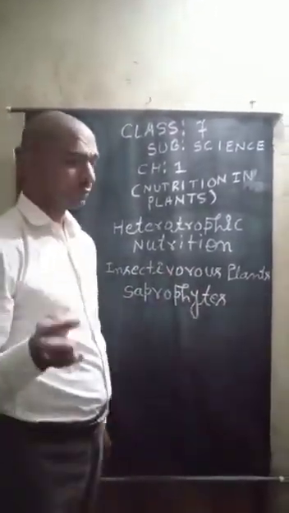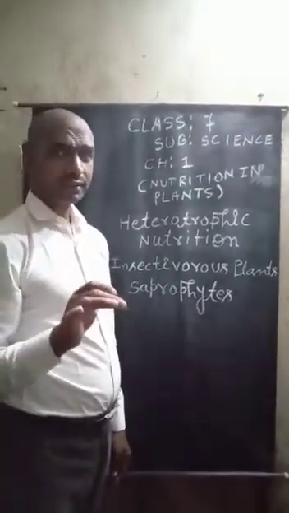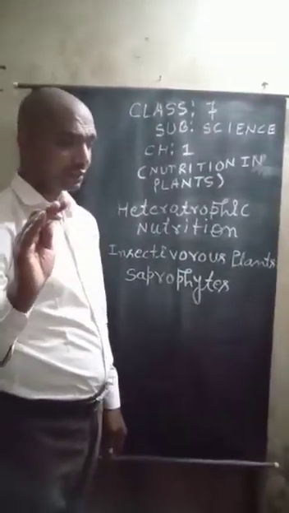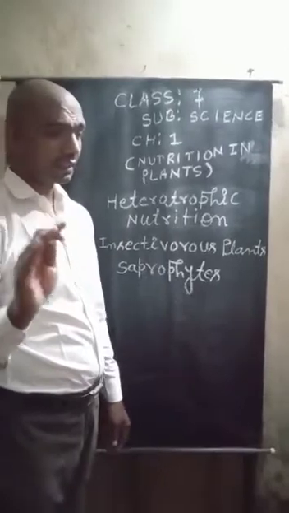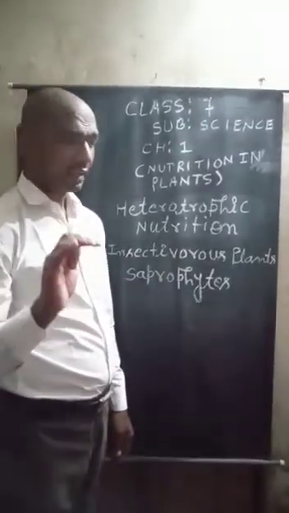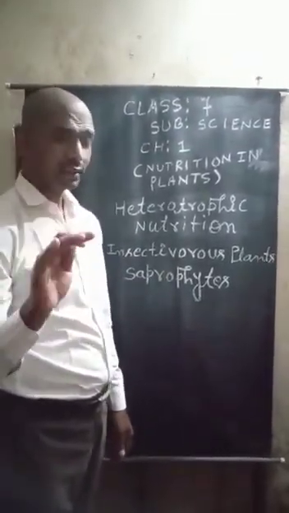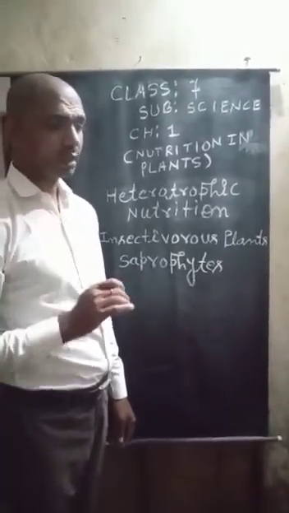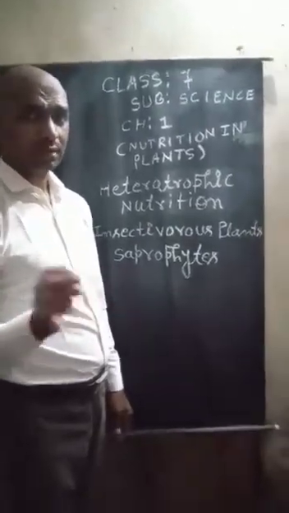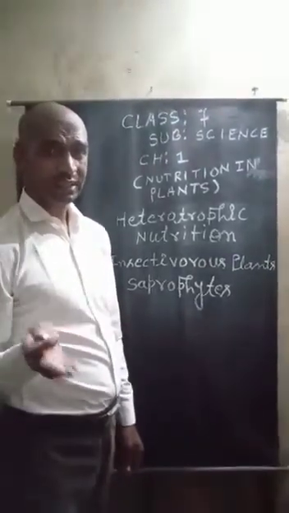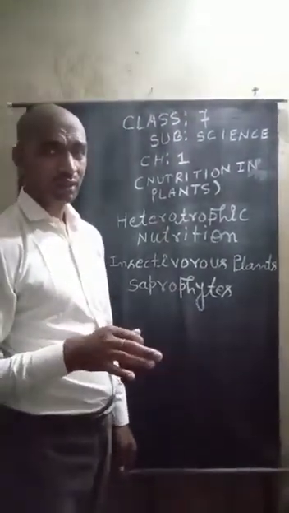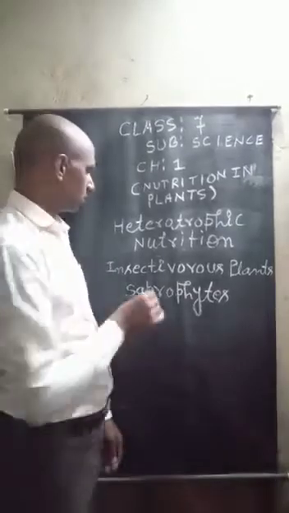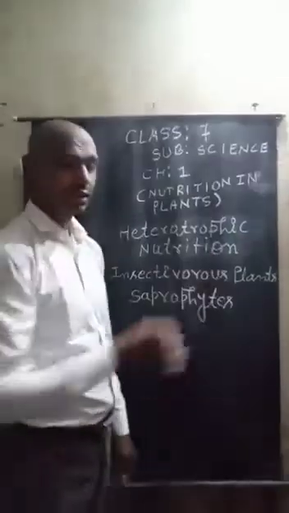About insectivorous plants, some plants get some of their nutrition by trapping and digesting insects and sometimes other small animals. That means, once again try to understand, class 7 students, about insectivorous plants.